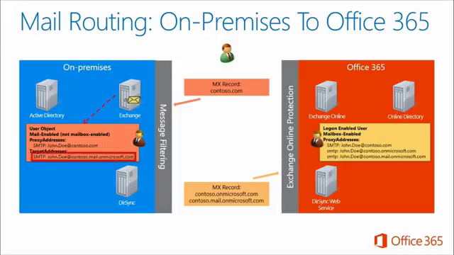Oh, by the way, there's a target address. That target address is what directory synchronization created to push that mail through to baseline.onmicrosoft.com, but then to that user, john.doe@contoso.com. So it lands in Exchange Online. The end user has no idea how that got there. They simply are using email.